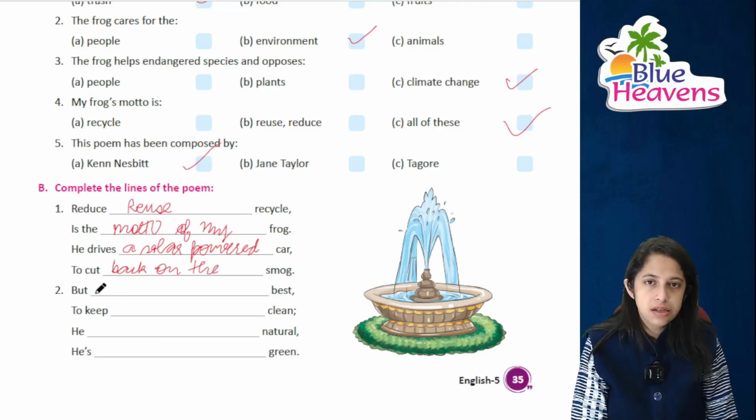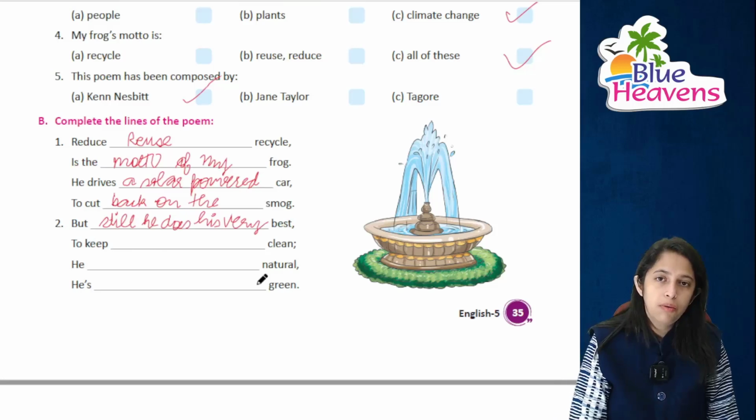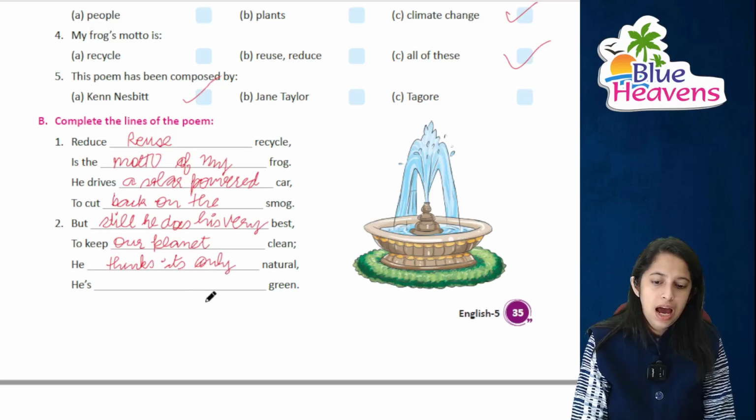But still he does his very best, right, to keep what, environment को clean करने के लिए, to keep our planet एकदम clean, and he thinks it's only natural, and he is proud of being green, right?